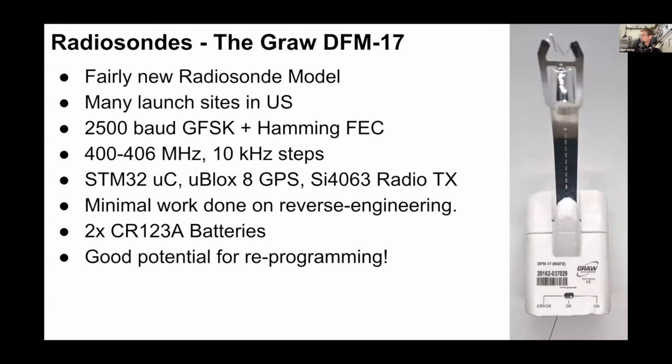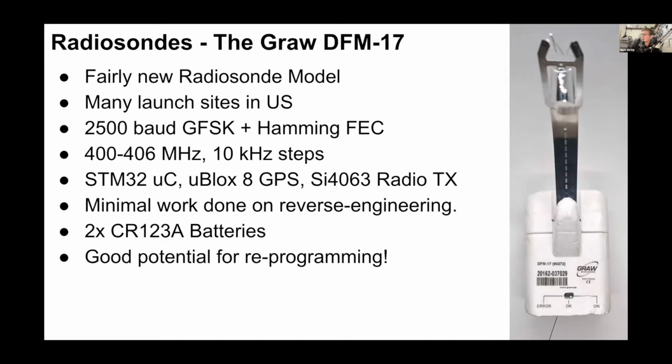In the US, it appears the most common 400 megahertz sonde nowadays is the Graw DFM17, which is this radiosonde here on the right, and I've got one in my hand as well. These only came out a few years ago, and they run a lower data rate, 2500 baud, same frequency band, very similar internals in terms of microcontroller.